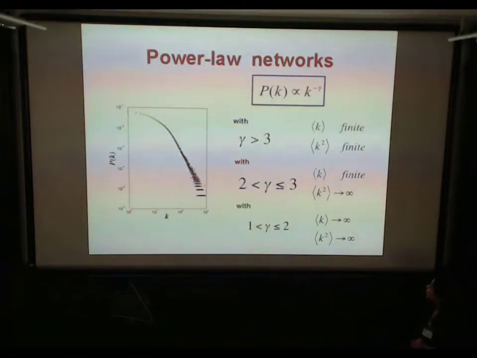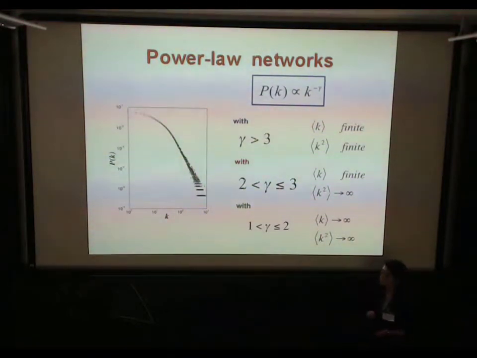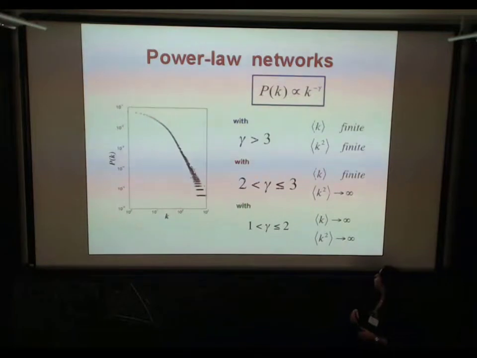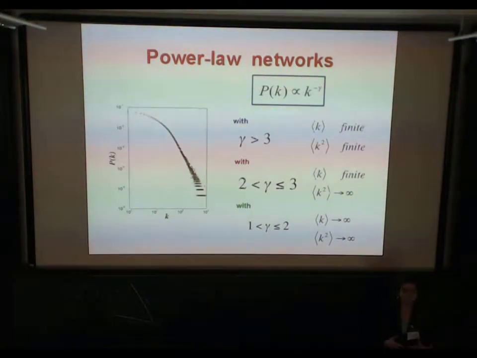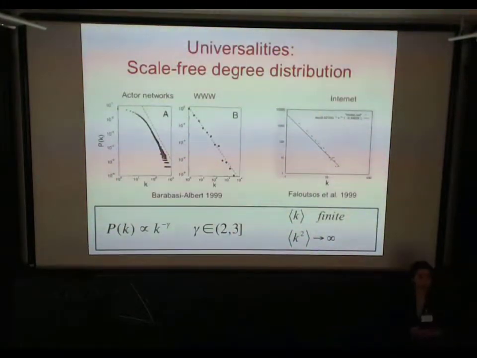In the region gamma between 1 and 2, both the average degree and the second moment diverge with the network size as the network increases. And for gamma between 2 and 3, the average degree is finite, but the second moment is diverging. And actually, these are called the scale-free graphs.